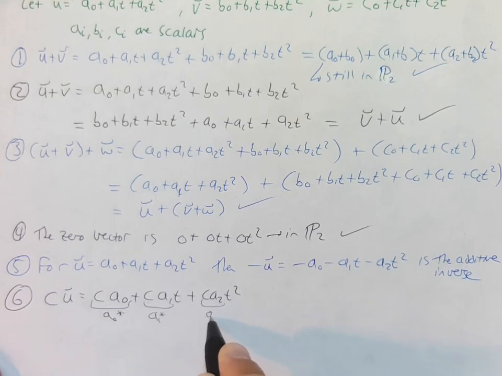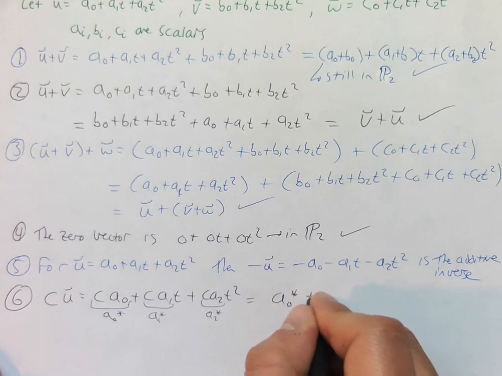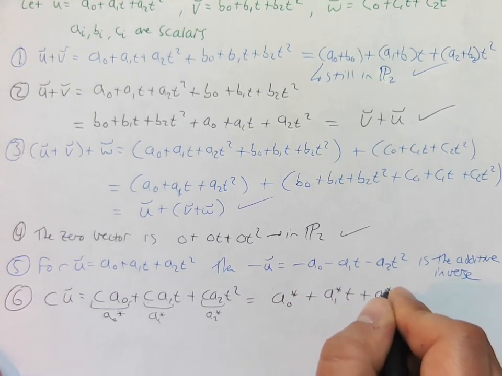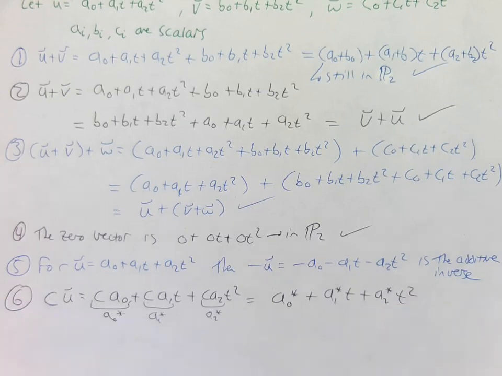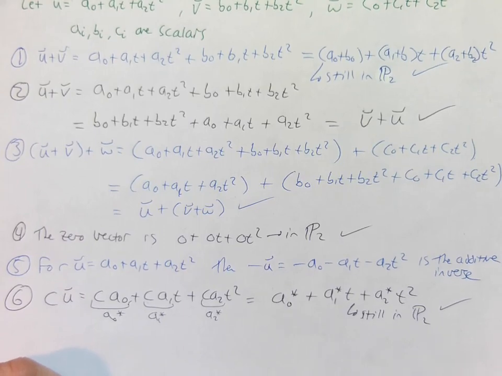This is some new a2 star. And then we could say, well, look, this is still a degree 2 polynomial. In other words, this is still in P2. So check, got that one too. Oh, we also checked the last one off, forgot to check it. All right, we're more than halfway there. We can push through and get this.